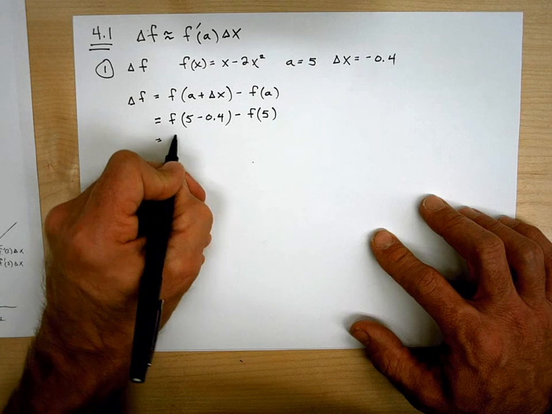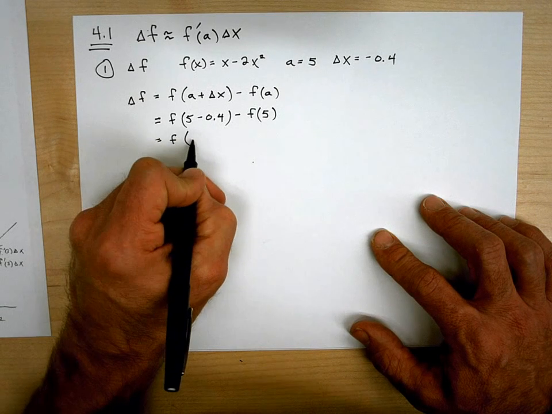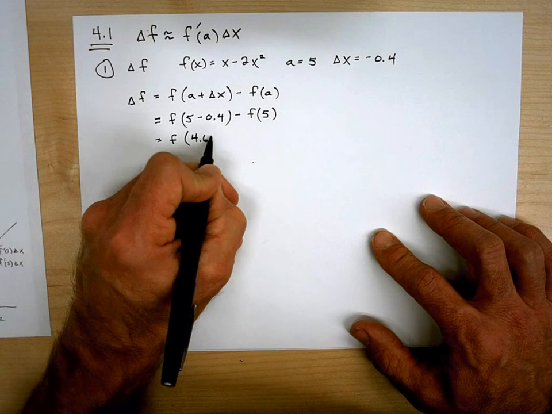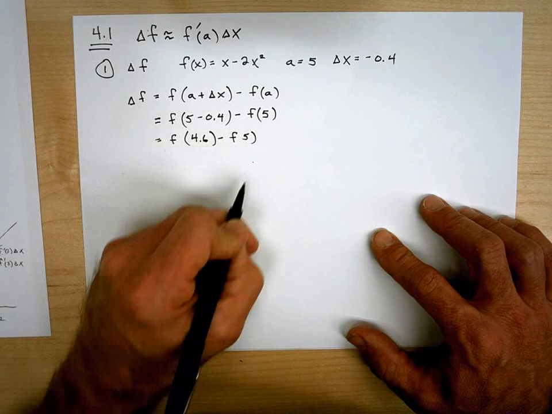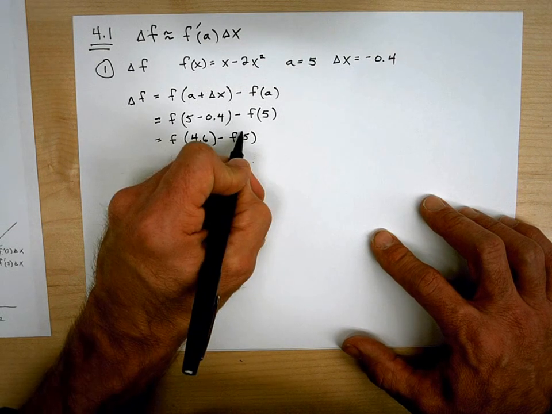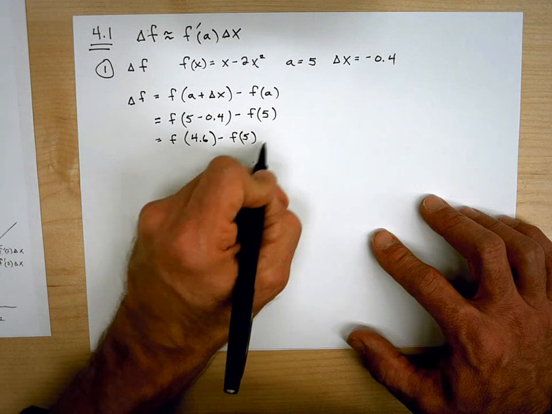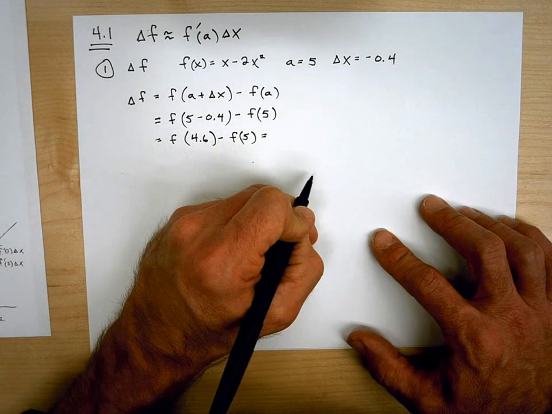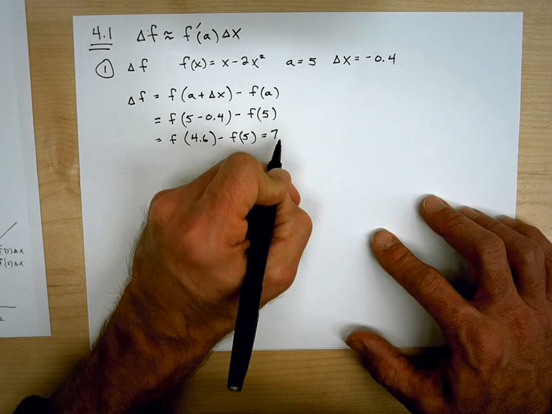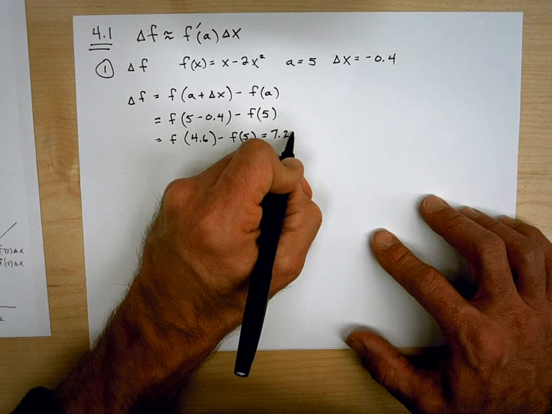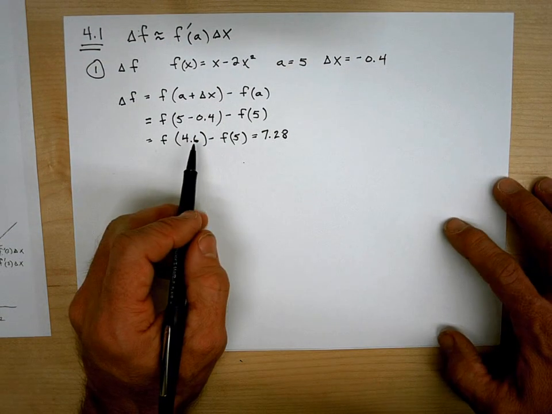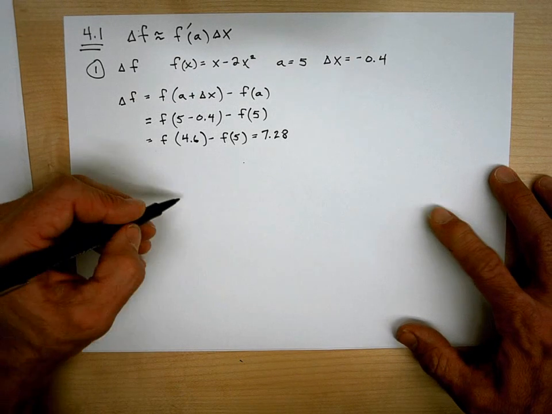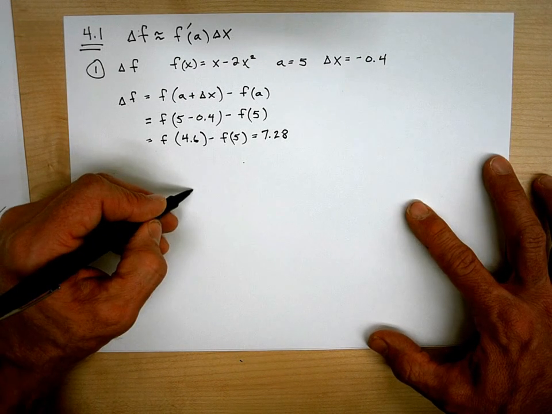So this is f of 4.6 minus f of 5, and you can crunch the numbers, but you can just take my word for it. That is 7.28.